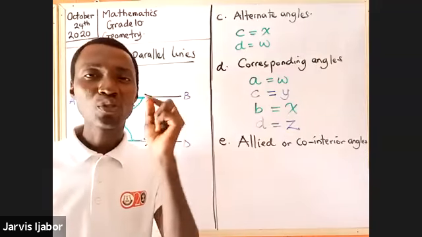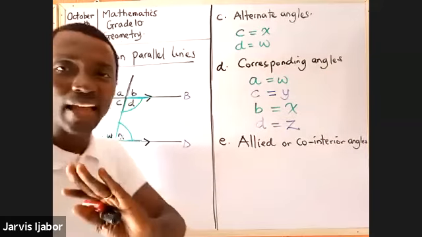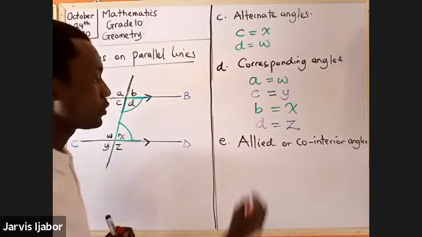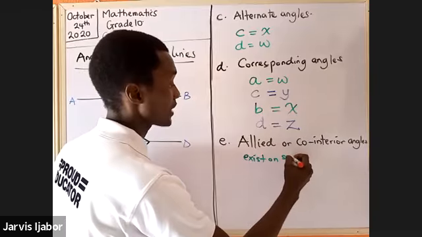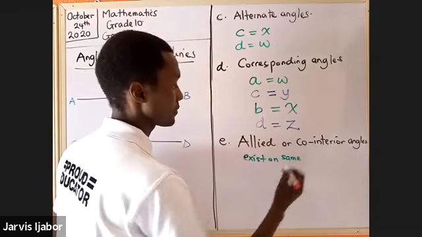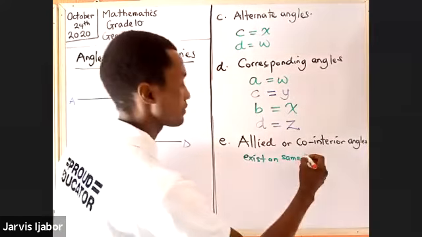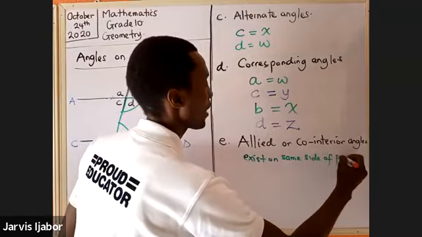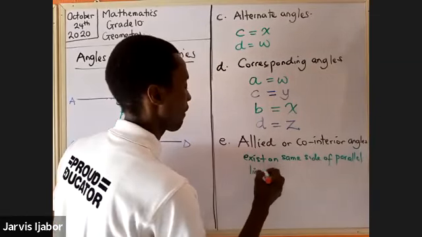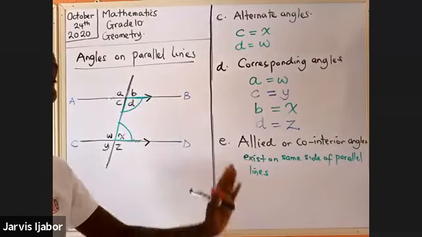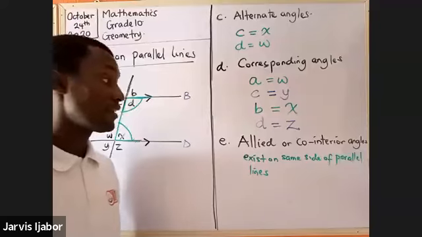For allied or co-interior angles, the angles must exist on the same side of parallel lines.